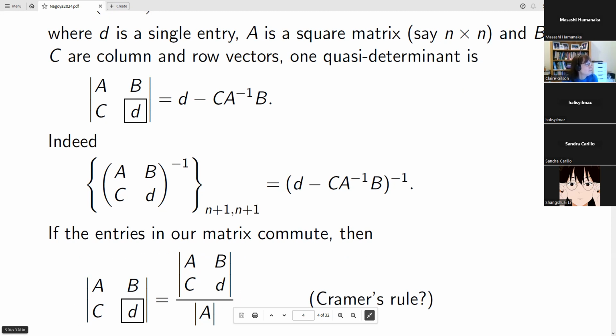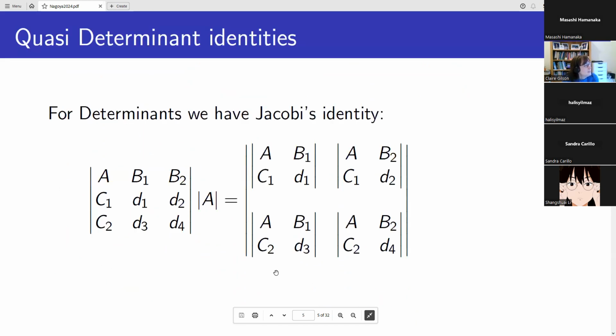So this is what happens in the commutative case. Okay, so we have identities. This is a determinant rather than a quasi-determinant, and you've got Jacobi's identity. This is an identity that you'll probably be familiar with.